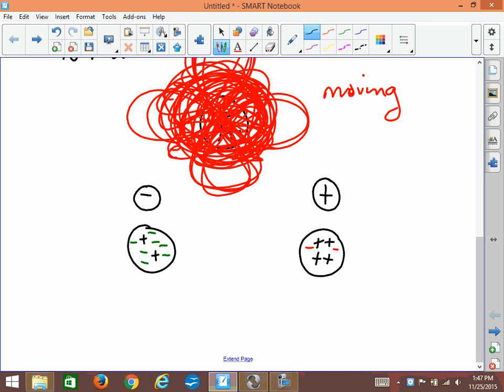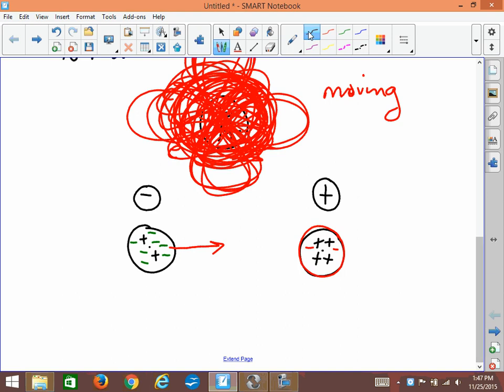Now, if there was suddenly an attraction between these 2 objects, but they couldn't move, let's say we nailed them down, put a nail right through the middle. Now they can't move, but there's still an attraction. What's happening is the positive charges of the atom on the right-hand side are attracted to the negative electrons in the other charged object.